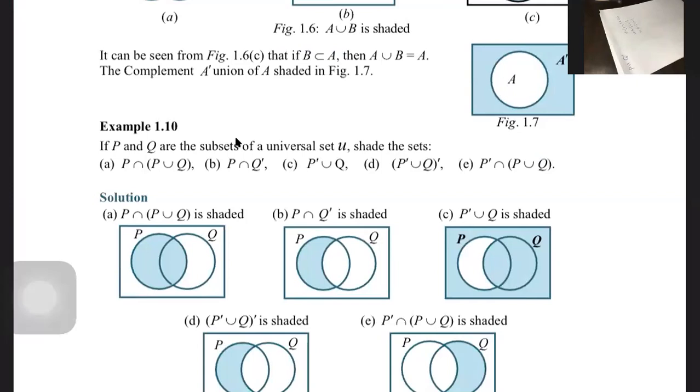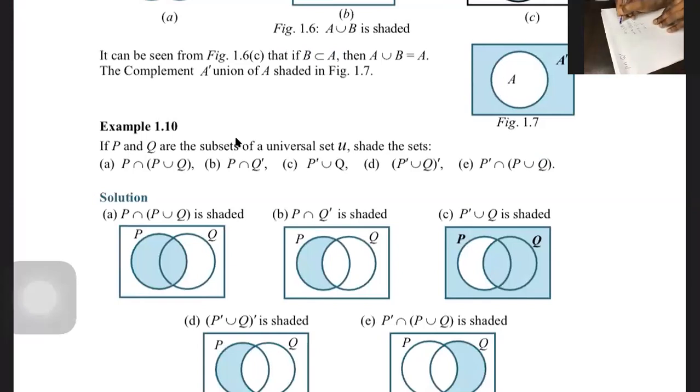So now if I say find A complement, it means that I need to know the elements of A. So I know that A has 2, 3, and 5. Then I go to the universal set. I pick 2 out.